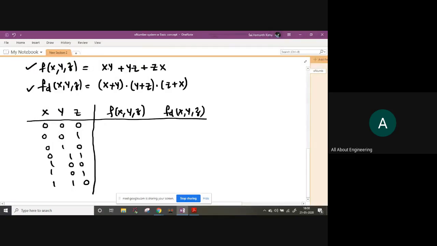Here f of x, y, z is given by xy plus yz plus zx, so this will be 0. Here in xy plus yz plus zx, at least two ones should be present to get 1. So this is the value of f of x, y, z.